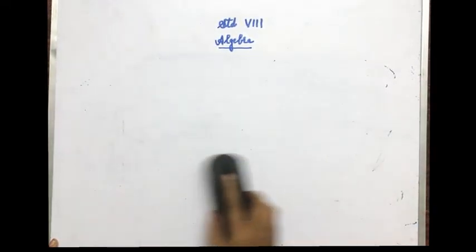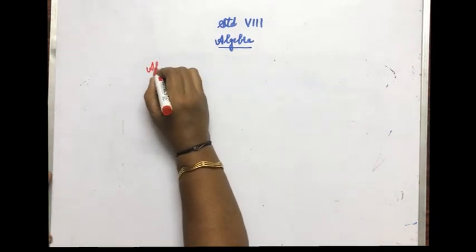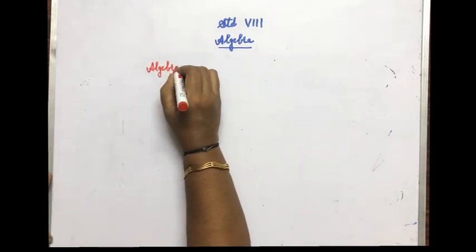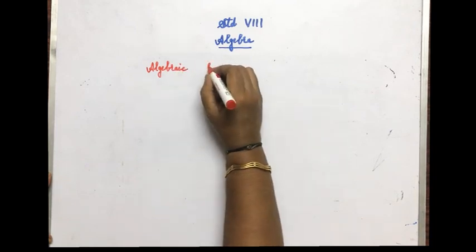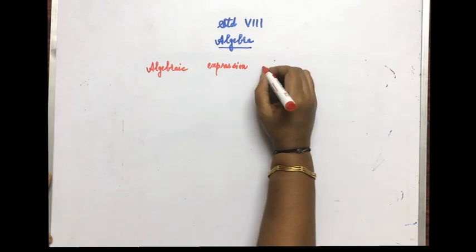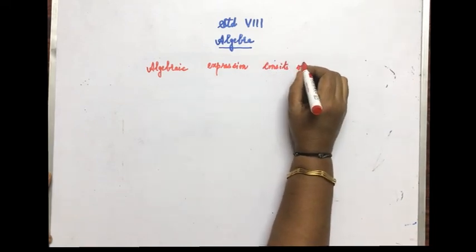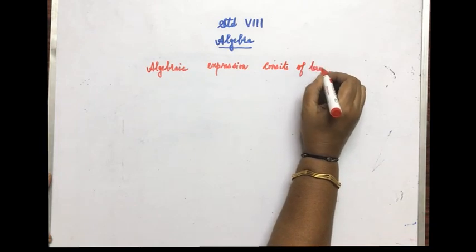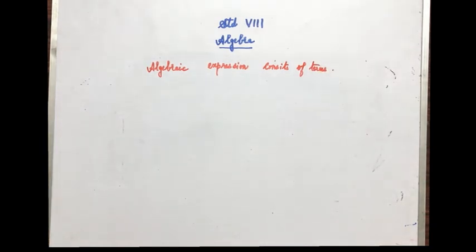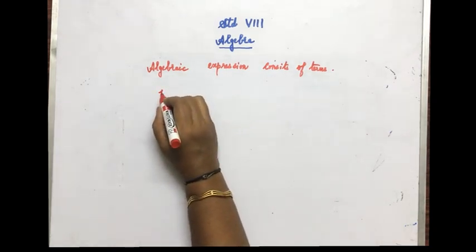Next, an algebraic expression consists of terms. And we separate the terms using plus sign and minus sign.